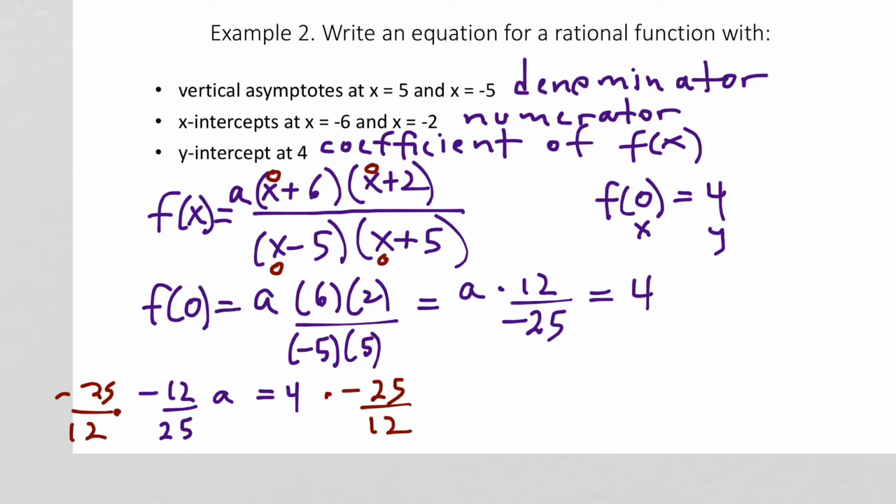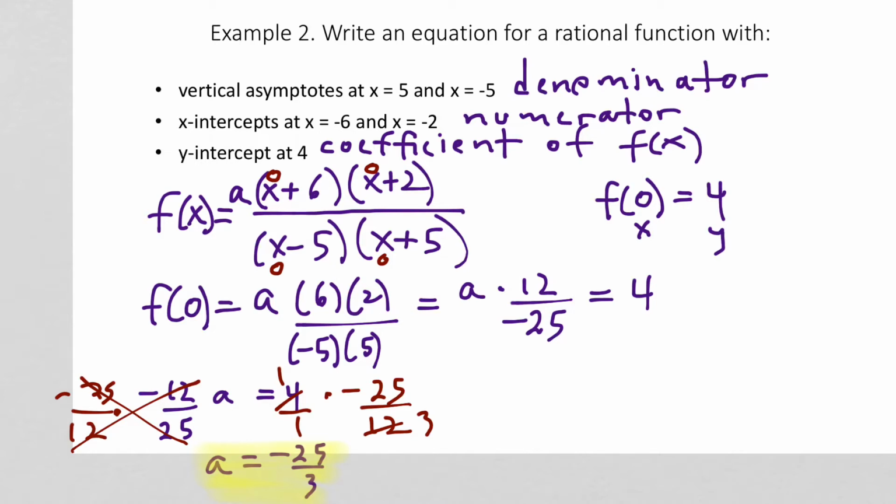That's going to cause cancellation over here, and we'll be left with A. So A is equal to, let's do some canceling before I multiply. 4 goes into 4 once, 4 goes into 12 3 times. So if I multiply this number out, I'm going to get negative 25 on the top and 3 on the bottom. And now there's one more step to do, and don't forget to do this.